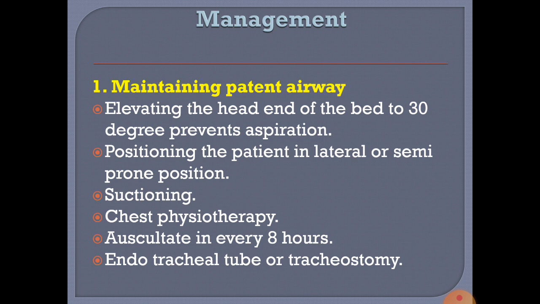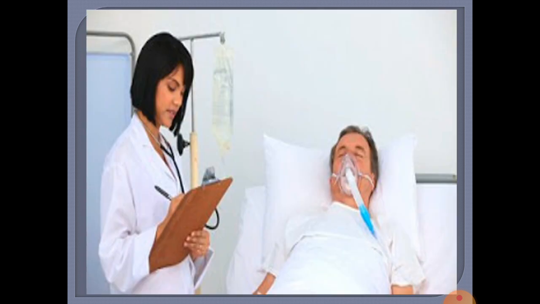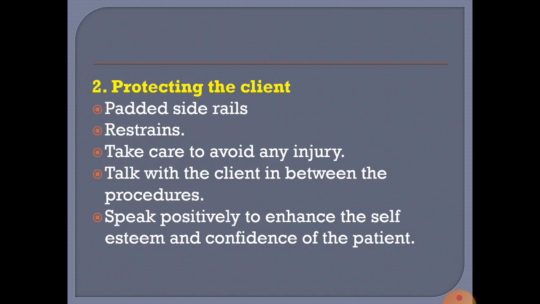Auscultation needs to be done every 8 hours or whenever needed. Endotracheal tube or tracheostomy care to be done. This picture shows the position that we have to maintain, that is 30° position, and the patient can be kept in semi-prone position with oxygenation.